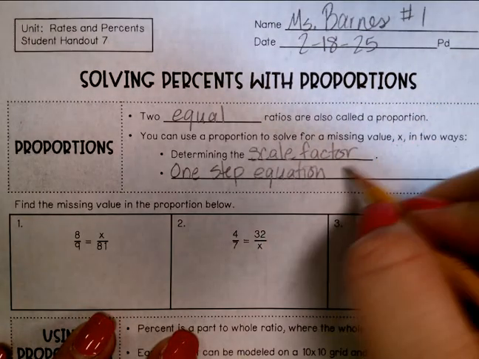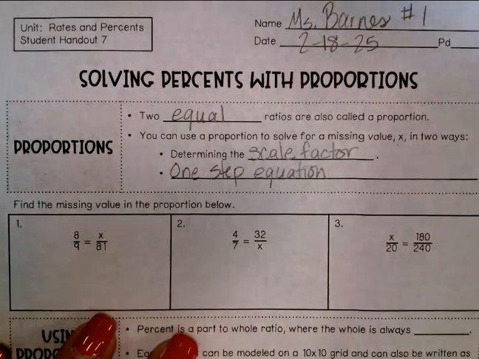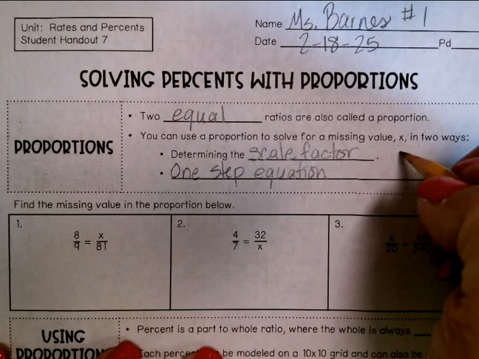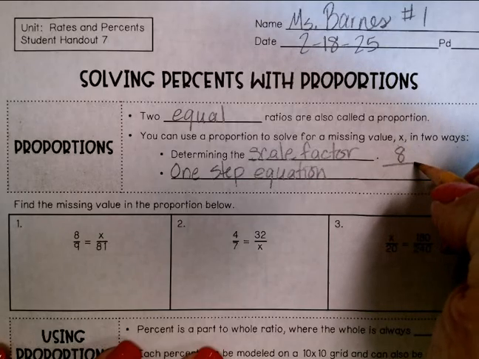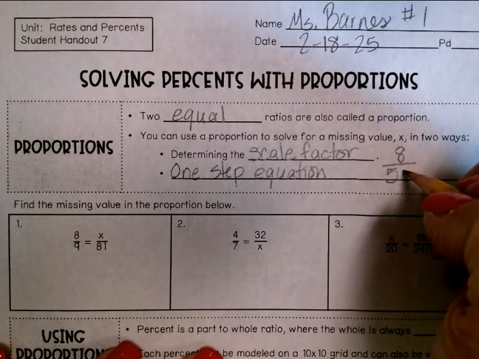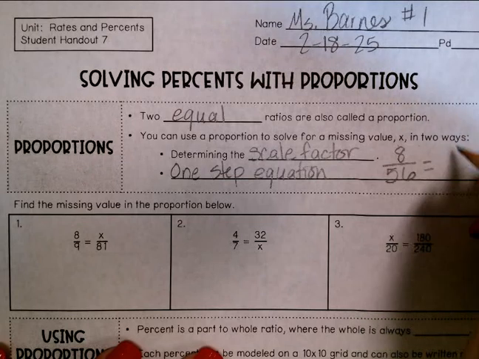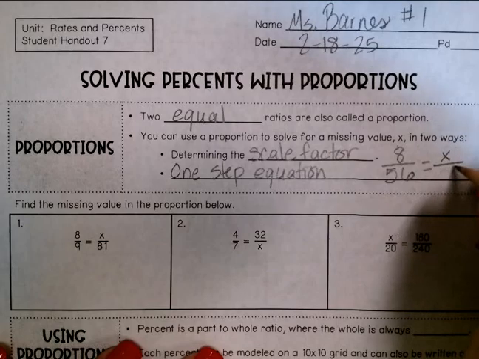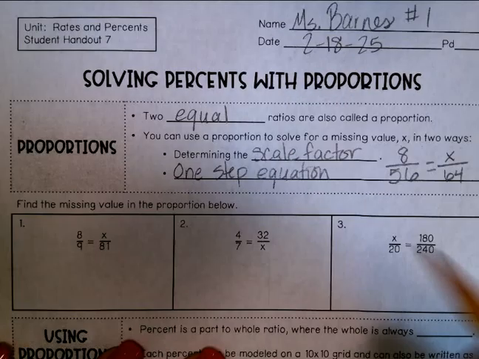Okay, so I'm going to give you an example of a one-step equation. If I have 8 over 56 equals x over 64, how I do this, I'm going to give you the two steps.